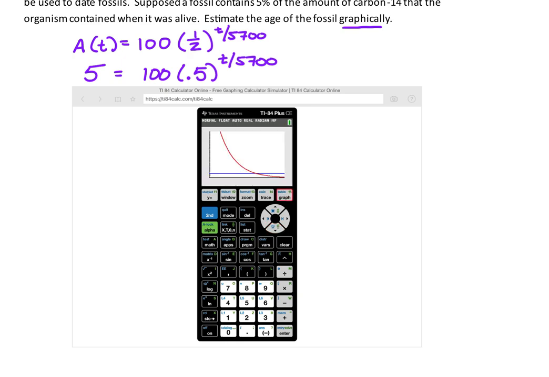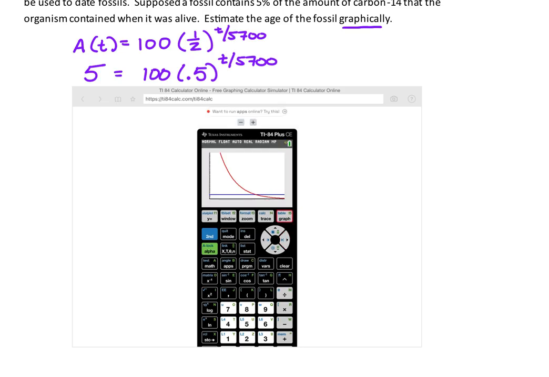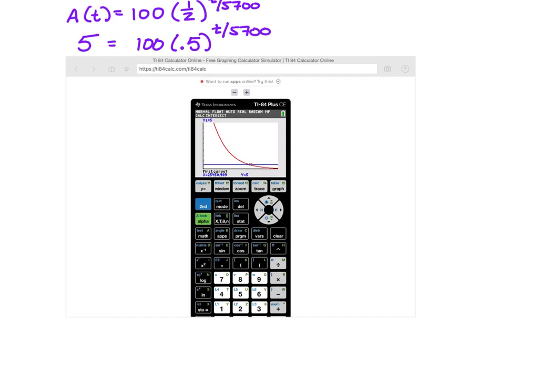Okay, that's about as good as we're going to be able to get it. So I changed my X max to 40,000, and I changed my Y max to 50. And then we're going to go ahead and calculate again. So we're calculating an intersect. Again, I want to get as close as I can to it, and I think I lost it. That's about as close as I'm going to be able to get.